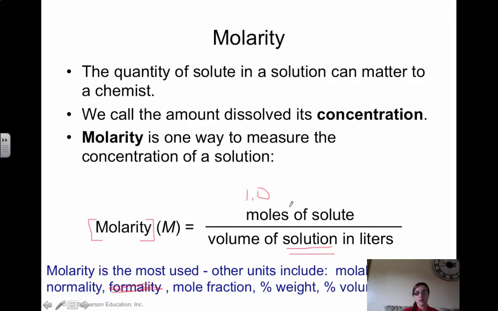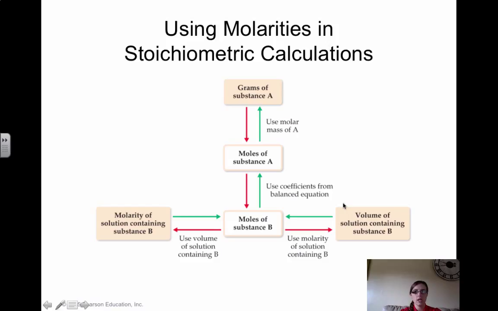Or for every 1 liter of solution, we have 1 mole. If instead it's 2 molar, that means for every 1 liter we have 2 moles. Remember, we can keep using those for every statements as we go through. So molarity can actually be used as a conversion factor as you go through stoichiometry.